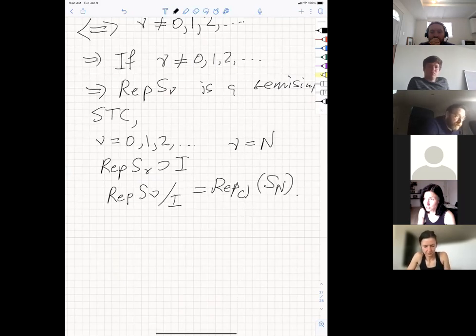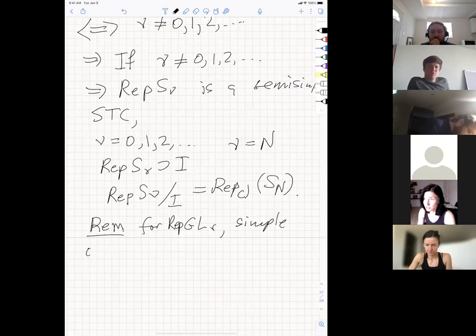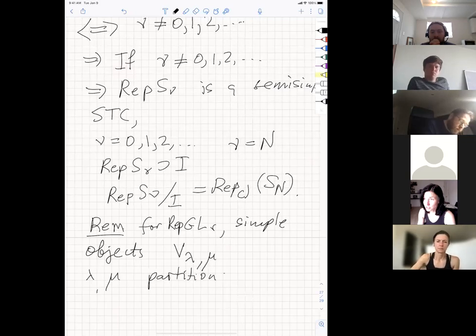And maybe I should make a remark about what the simple objects look like. I did not say that remark. So for GL nu, simple objects, like irreducible representations, are labeled by pairs of partitions of anything.